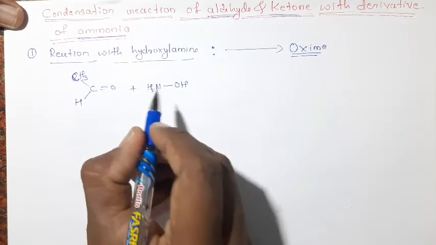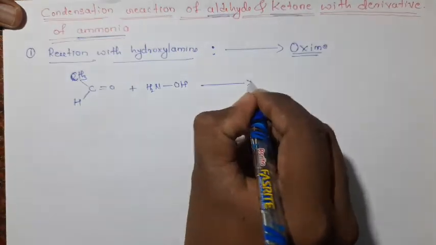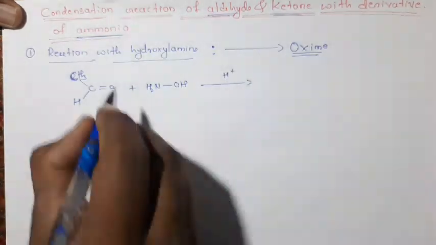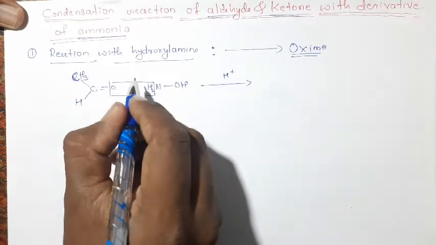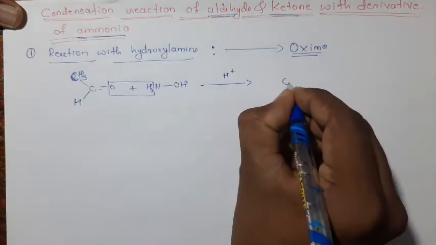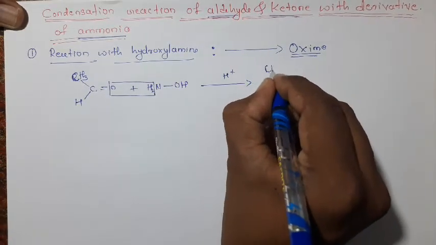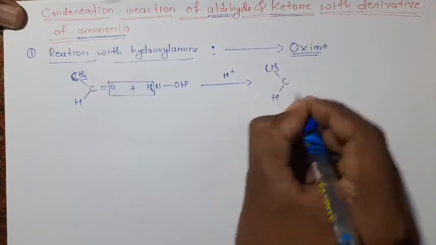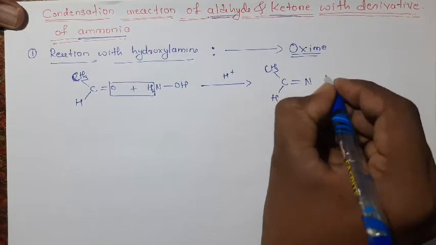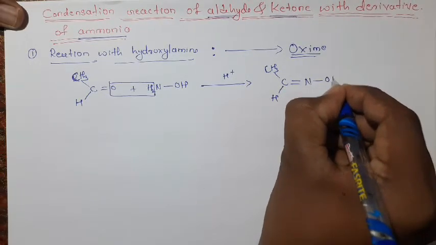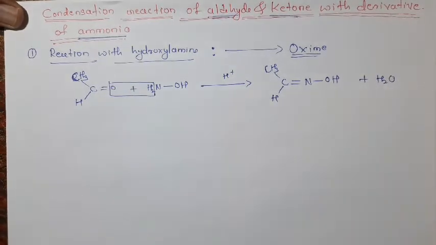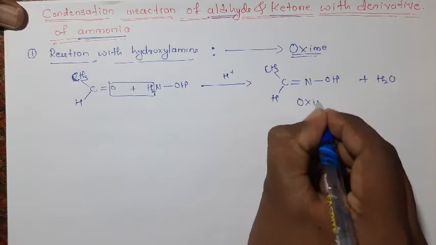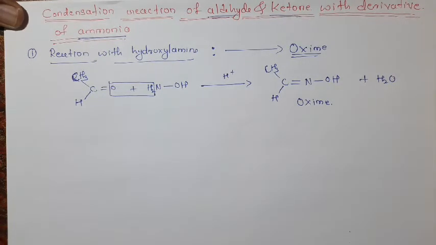When it is condensed in the presence of weak acid, one water molecule is eliminated in this condensation reaction. It gives CH3 CH double bond N OH, plus one water molecule eliminated. This is called oxime.